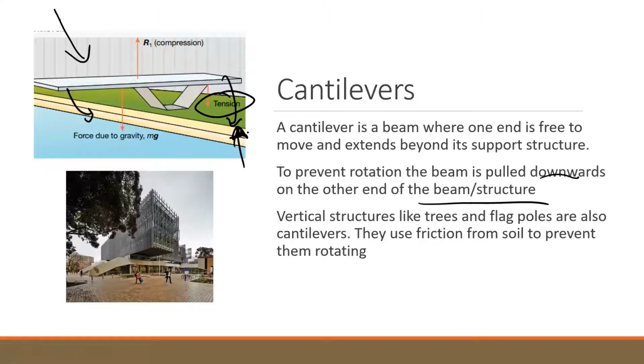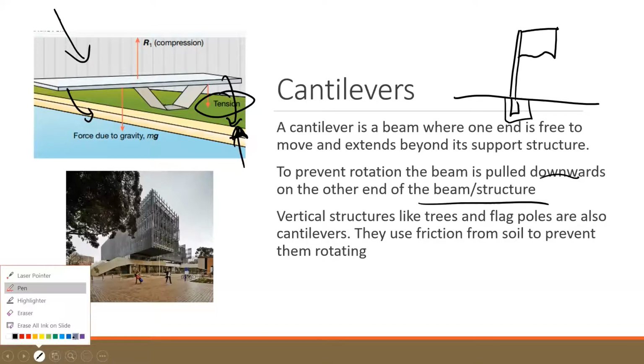Now, vertical structures like trees or flagpoles also have this issue. You might not think of them as cantilevers, but let's just take a flagpole, for example. The problem with the flagpole is that the only way that it's supported is by the ground.